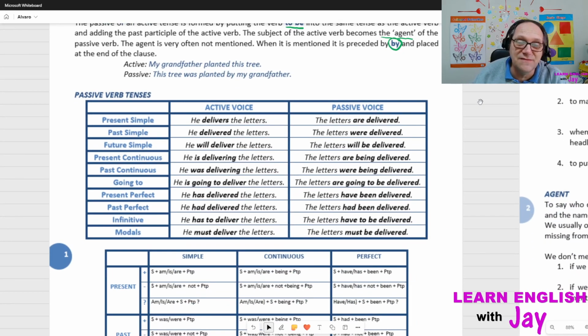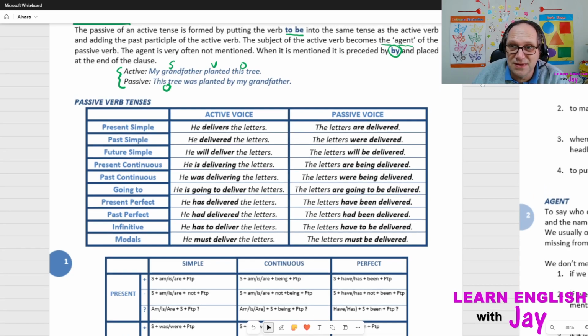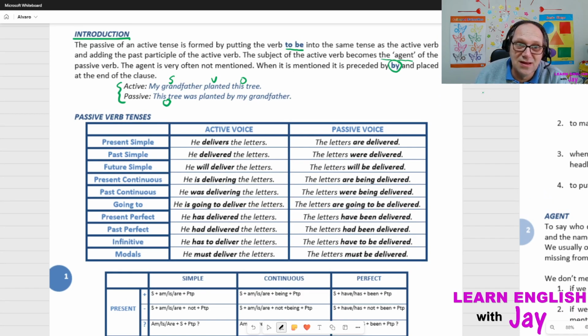I've got a nice example here. Active: my grandmother planted this tree. Now we're going to swap it around for the passive. The object becomes the new subject. The verb goes into be, and we add the past participle.